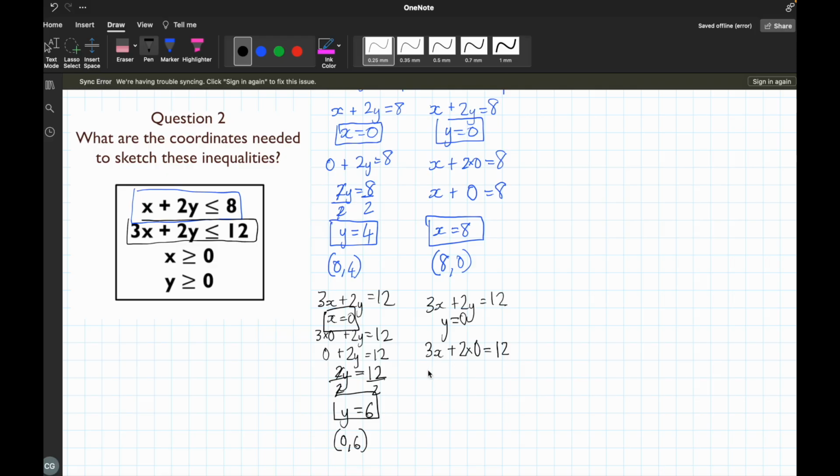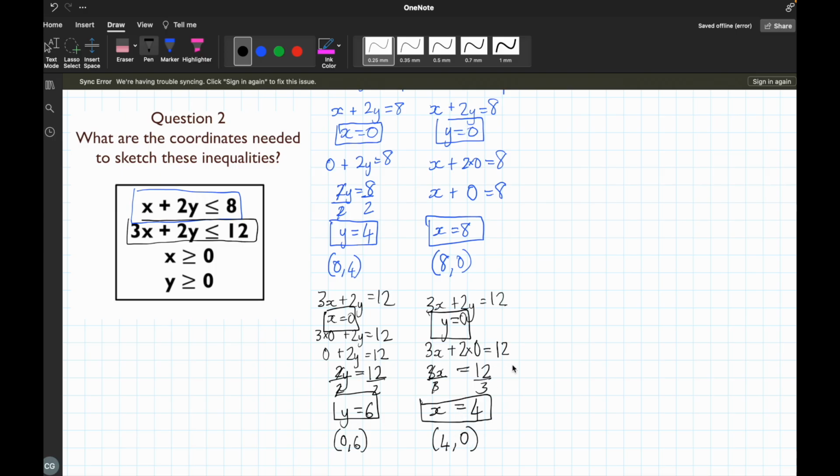So 3x would be equal to 12 because basically 2 times 0 is 0. So divide both sides by 3. Then I'll get x is equal to 12 divided by 3, which is 4. So I have a value for x and I also have a value for y. Therefore I have (4, 0). So I have two coordinates.